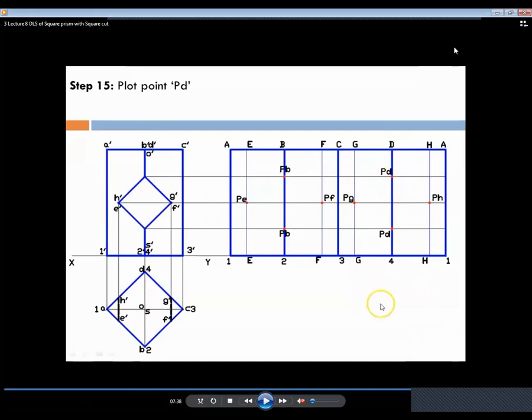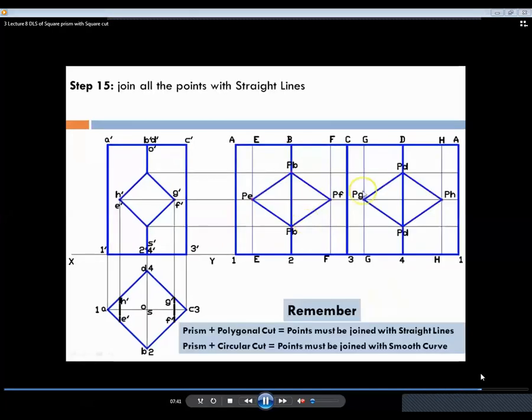Now this is the part of imagination. So join these points with straight lines. When a square prism is cut with a circular hole, there will be curved lines.